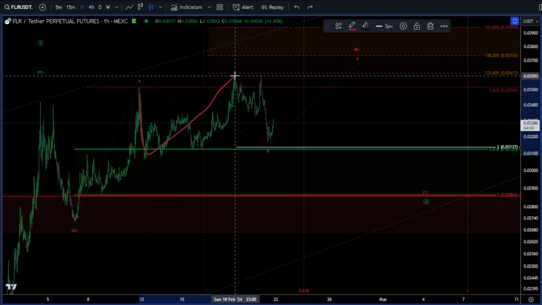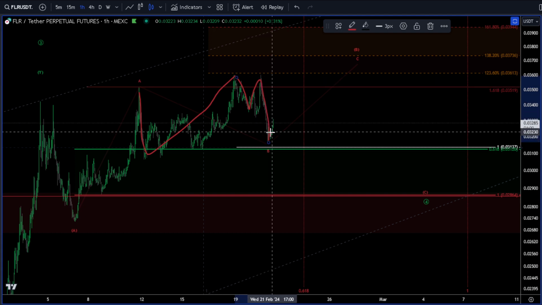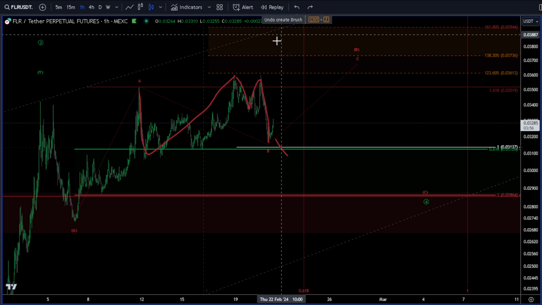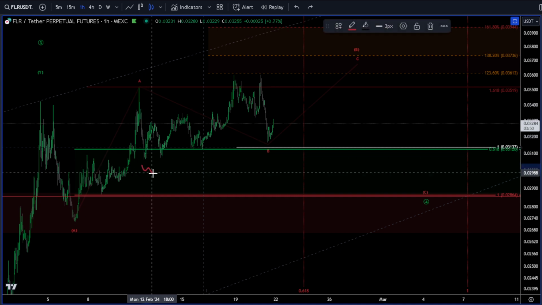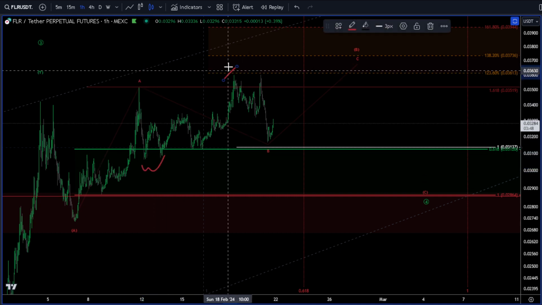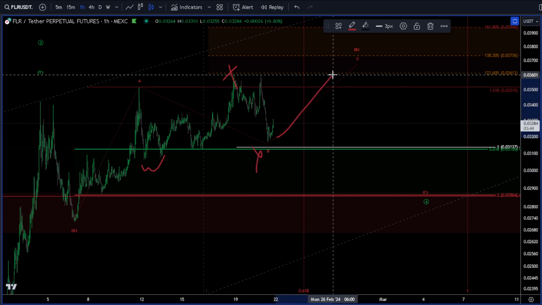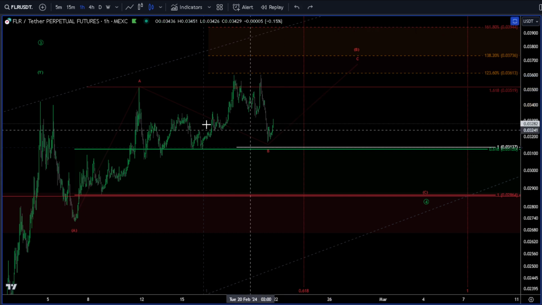We got our X wave, and we got a flat. Again, we can come one more lower, but I wouldn't give it much room. So that looks like, most likely, this is a W, X, Y. And now we're looking for 3 waves to the upside, most likely a Y wave to complete.